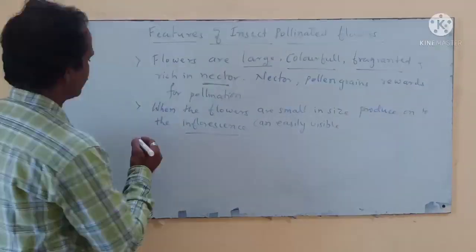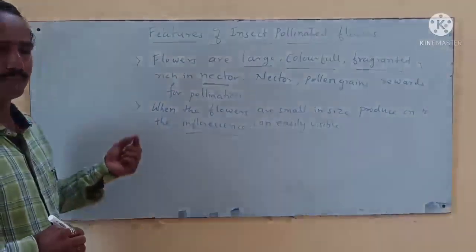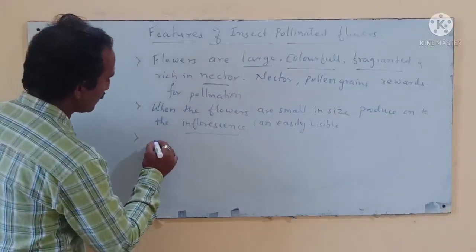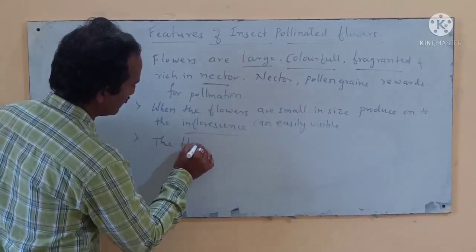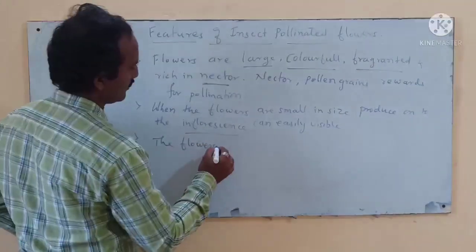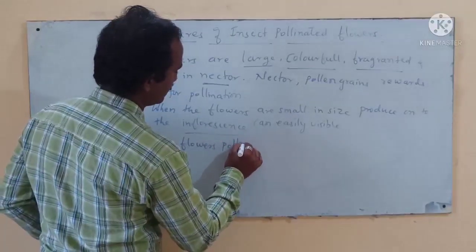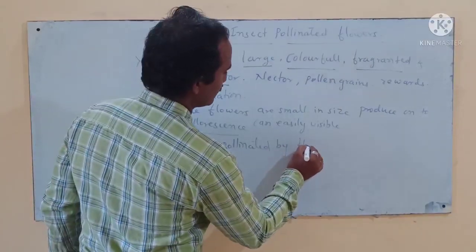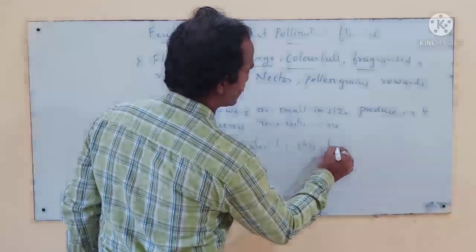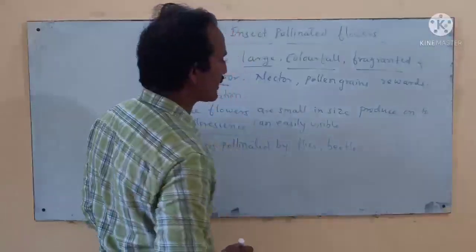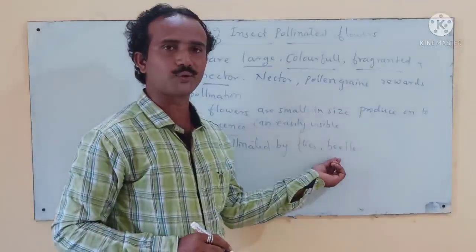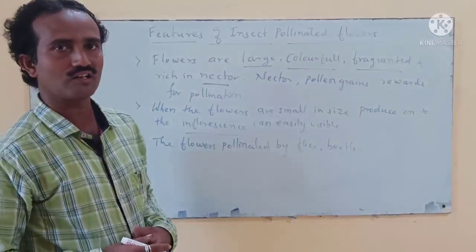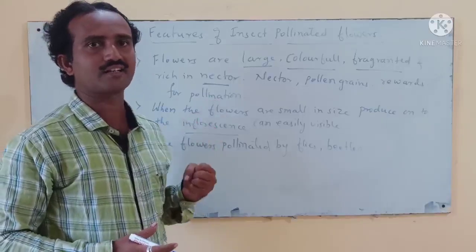In the insect pollinated flowers, where the flowers are pollinated by flies or beetles, you know that the beetles and flies grow and multiply on cow dung, so the foul smell will attract them.